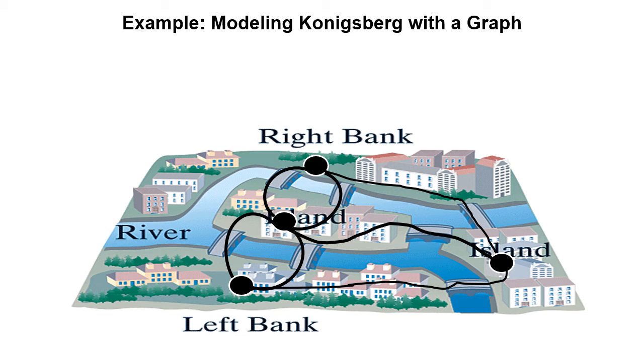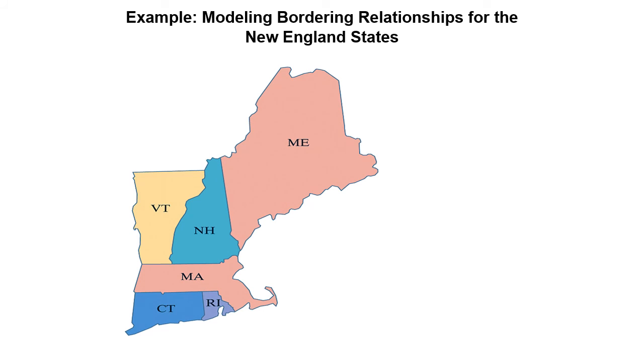And that's how we model the Konigsberg bridge graph. Also with maps, we're going to represent the states with vertices, and if two states share a border, we can draw an edge between the two states.